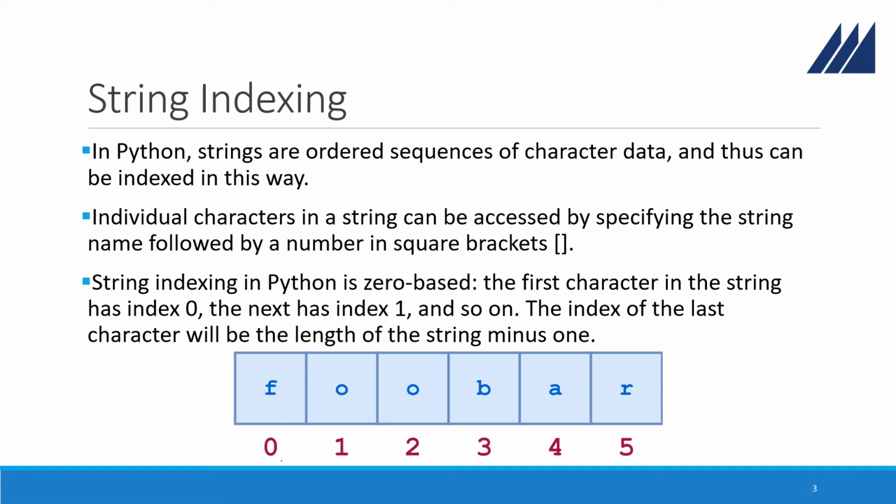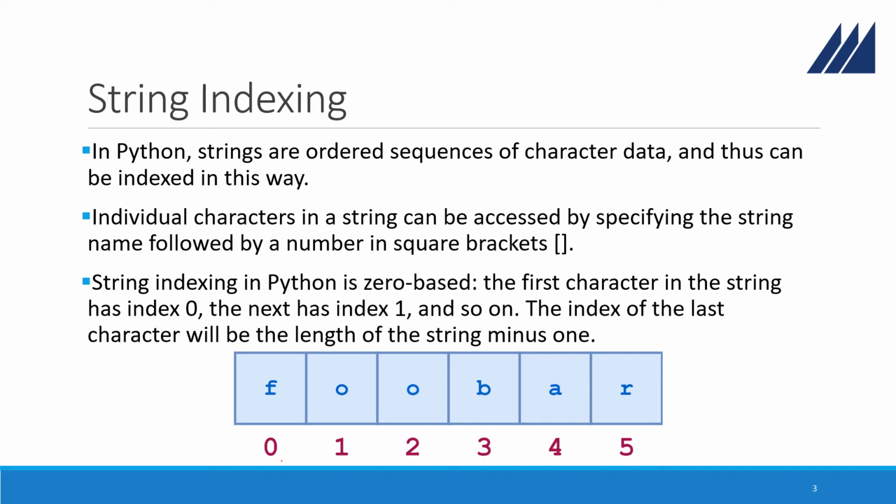As you know, in Python, strings are a type of sequence of characters. Each character in the string will have an index. And in Python, indexes are zero-based. That being said, the first index in the string starts from 0.